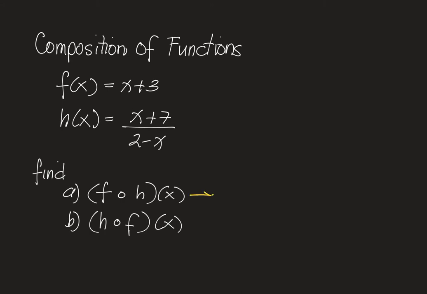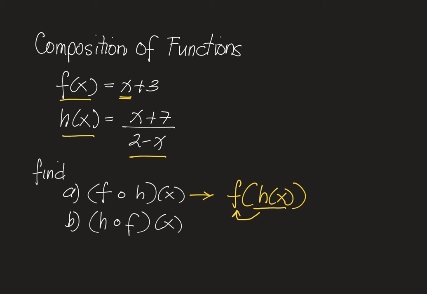Now first, you need to take note that f circle h of x means f of h of x. In other words, we are going to place the h of x within the f. So this h of x that you see will be placed on the f. Whenever we say we place it on the f, we are substituting that x by the other function.